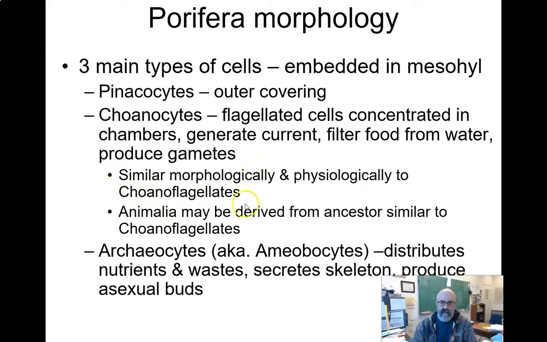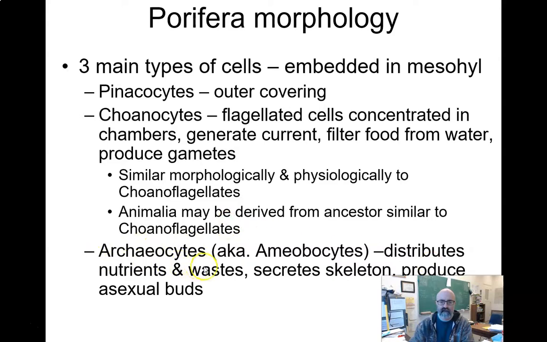We'll look at these. Choanoflagellates are another group of organisms. They're not animals. They are what we call protists. And so we see this as being a potential origin of sponges, that a group of choanoflagellates living together could have formed what becomes the first sponge.